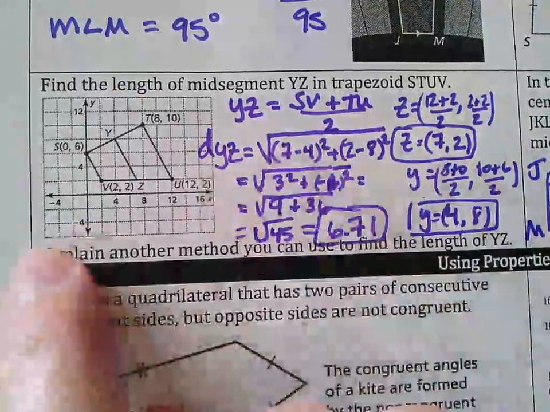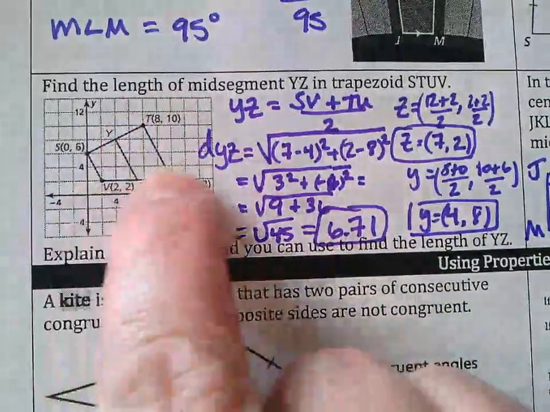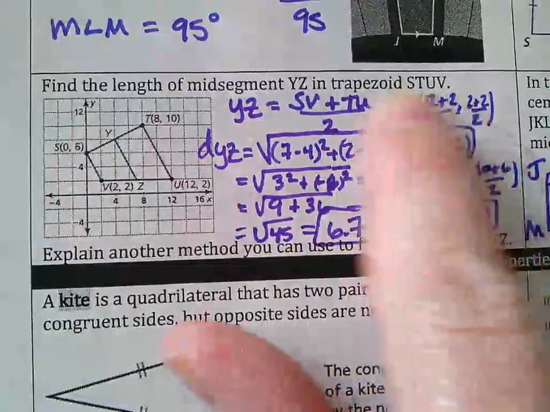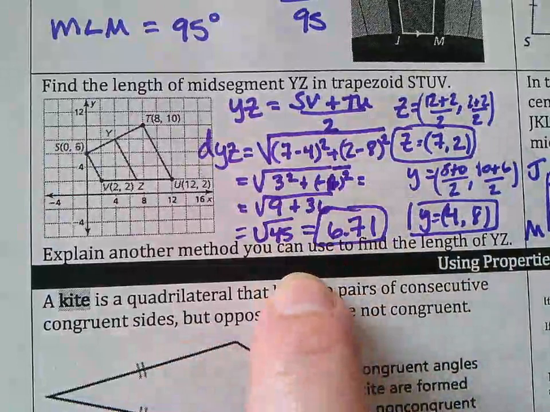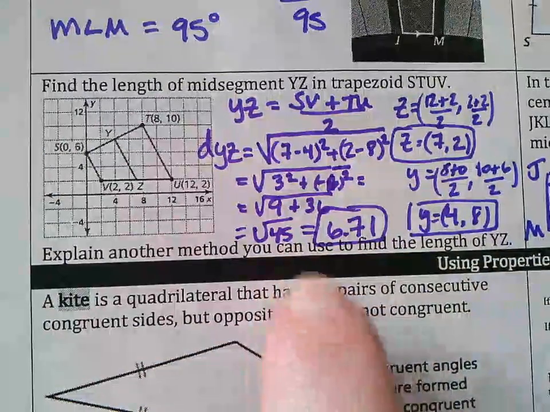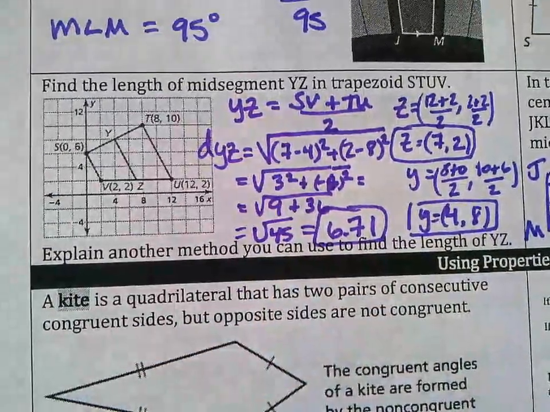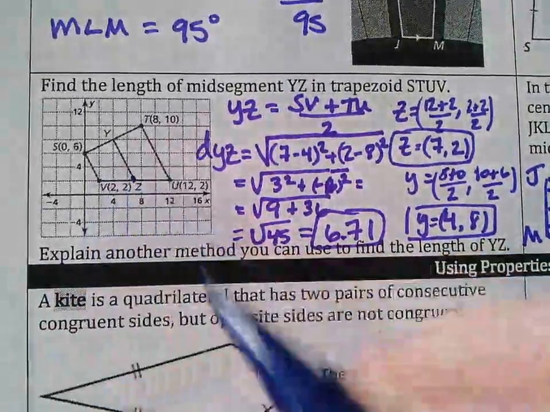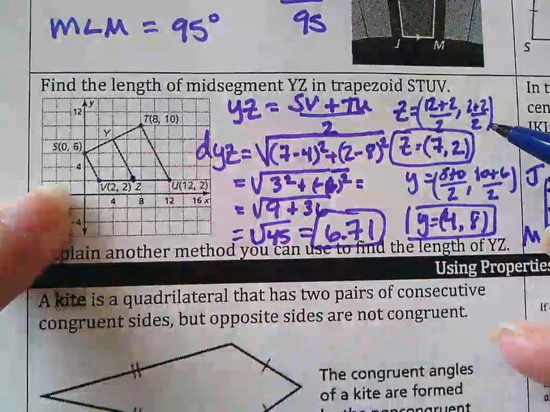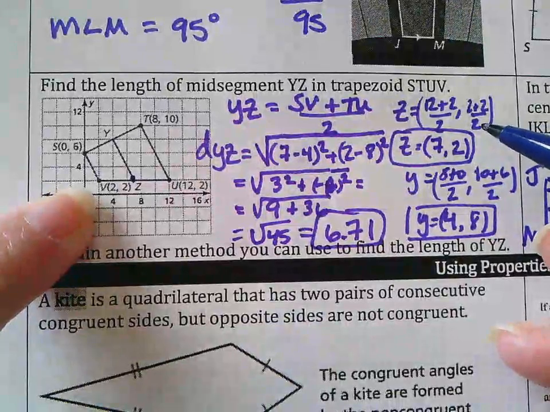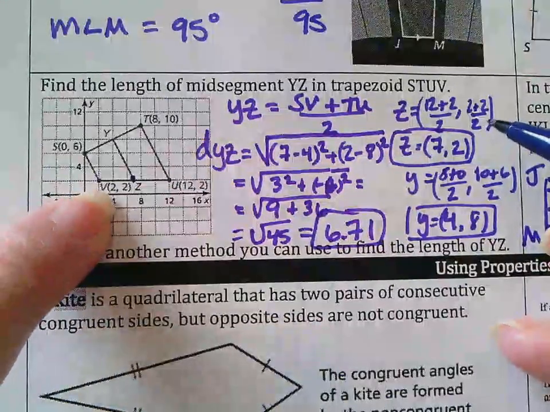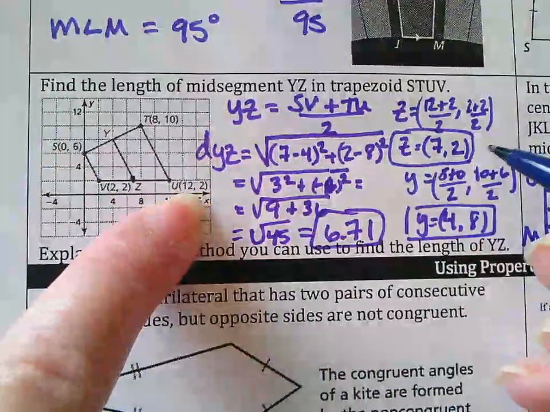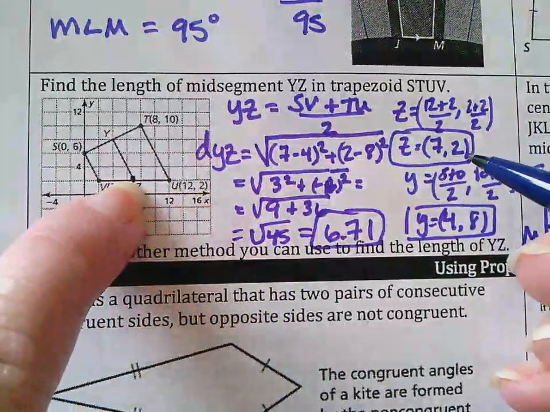So the midpoint of this and this, you get these 2 points right here. Use those points, plug them into the distance formula, and figure out how long that is. Again, I'm going to repeat that one more time. If I want to find this, this is the midpoint. So I'm going to use the midpoint formula to find Z. So I'm going to add the x's together, add the y's together, and divide each of those by 2. That point is at 7, 2.